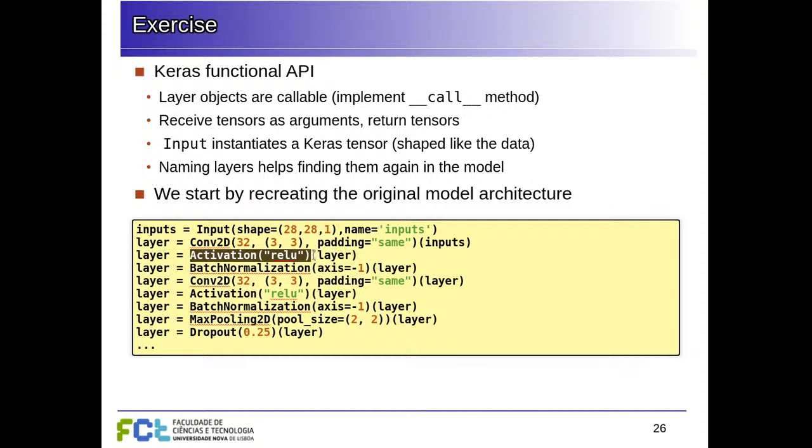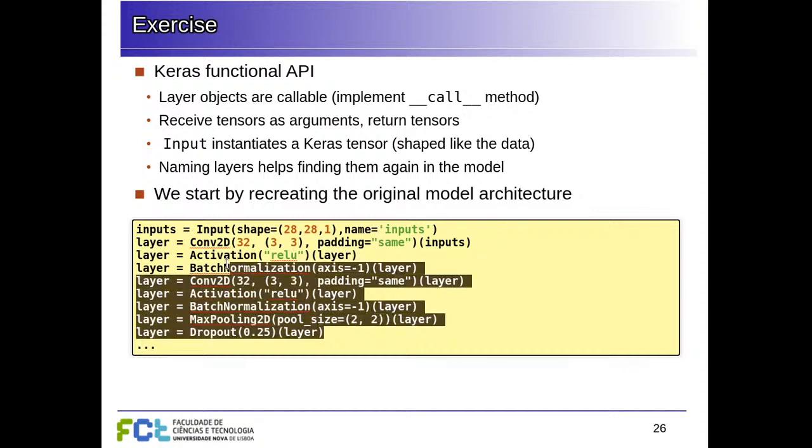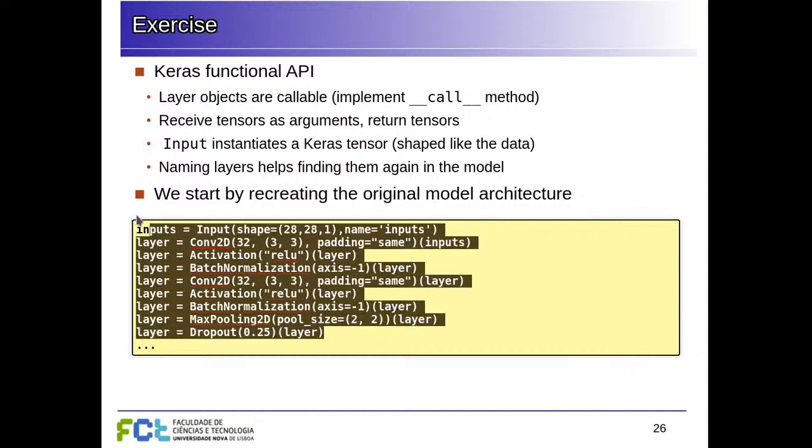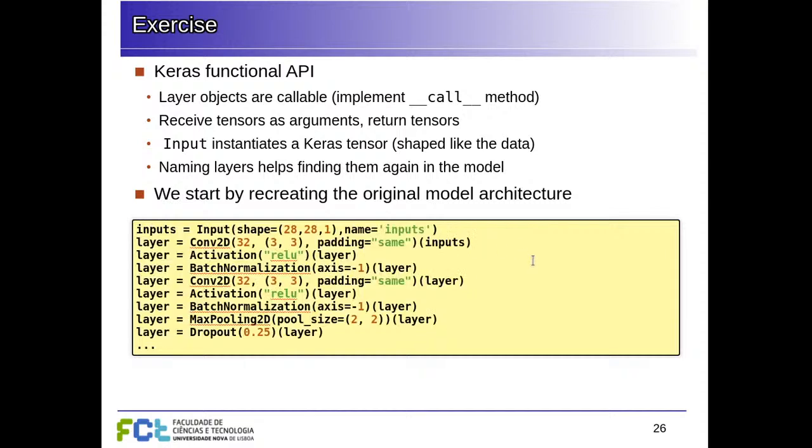So we create a ReLU layer, a ReLU activation here, and we use this object as a function that receives as an argument the previous tensor, and we are going to chain all these layers in a sequence by using the output of the previous one as an input to the next one. So for this kind of stacking layers, this works the same as the sequential API. We are just stacking one layer to the other.